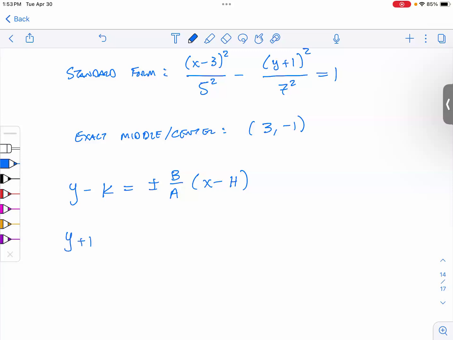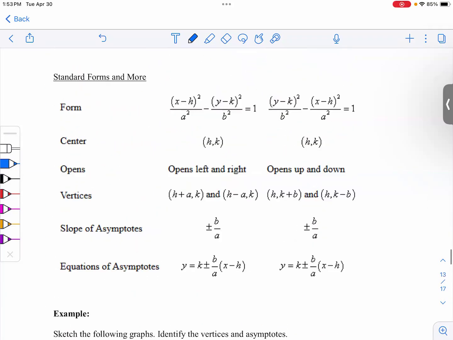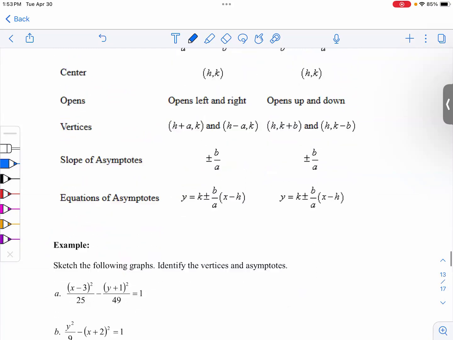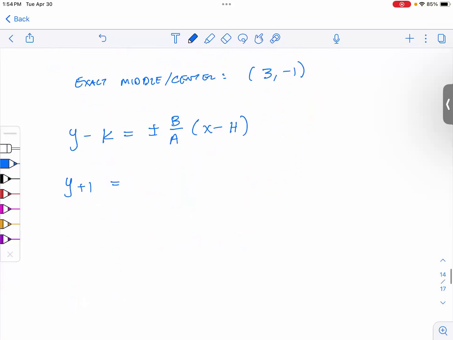So this becomes y plus 1 equals, the only thing we have to identify is the b over a value, but that's always the y value over the x value, rise over run. B, y, a, x. It always corresponds to that because that's rise over run, the slope of a line. That is exactly consistent with what you already know.